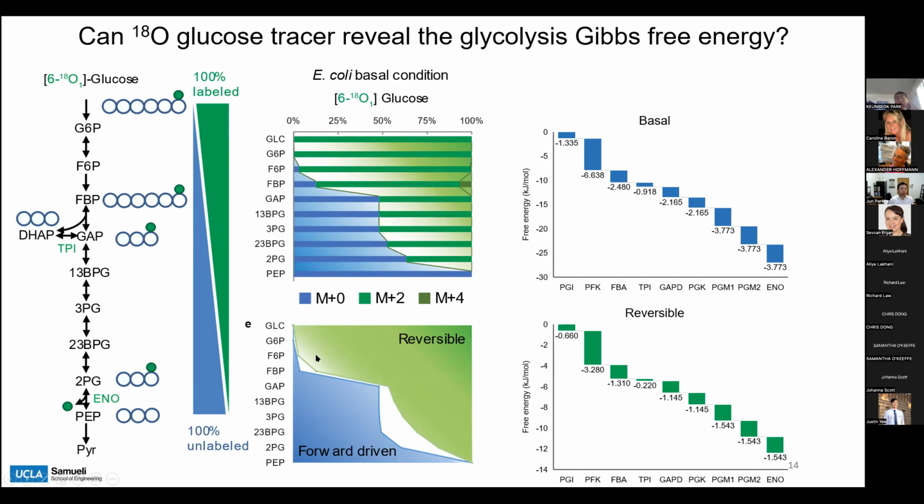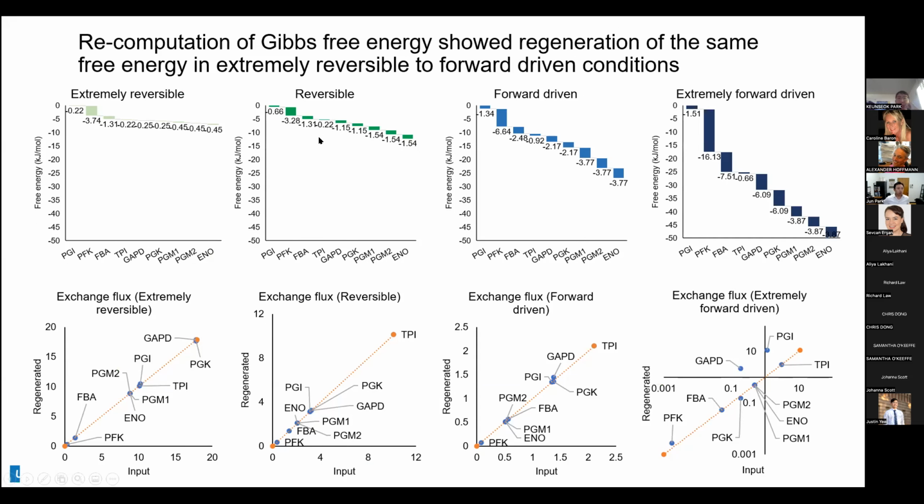But in the forward-driven case, the labeling pattern changes differently from the reversible case. So we thought that within this range, the labeling pattern disparity will tell us how close glycolysis is to equilibrium or forward-driven. So we hypothesized that 6-18 would be ideal for quantitating the Gibbs free energy of glycolysis.